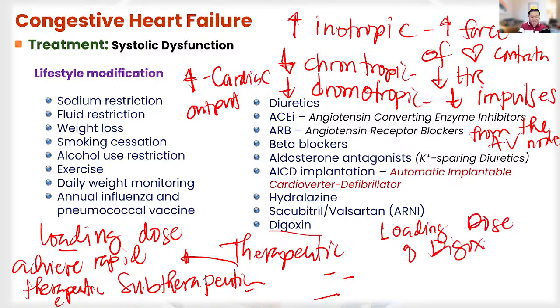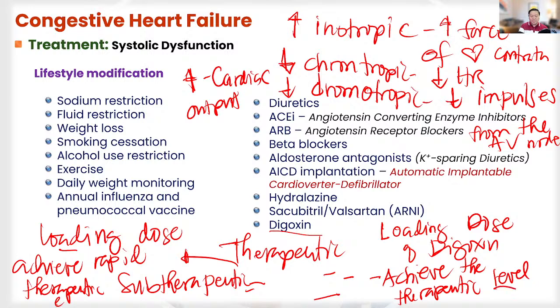And again, the reason for that is to achieve the therapeutic level in a much faster fashion.